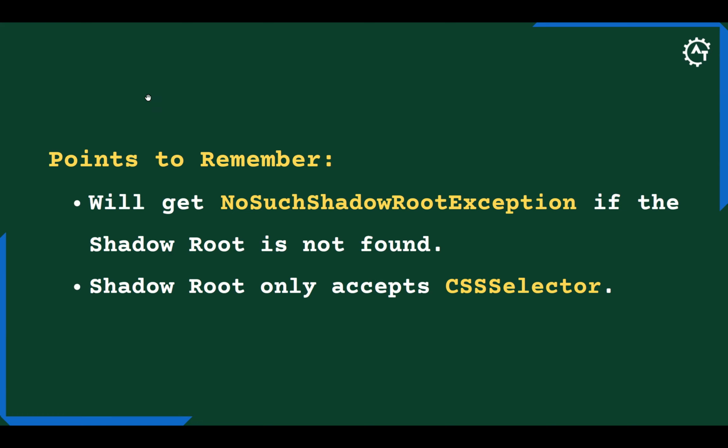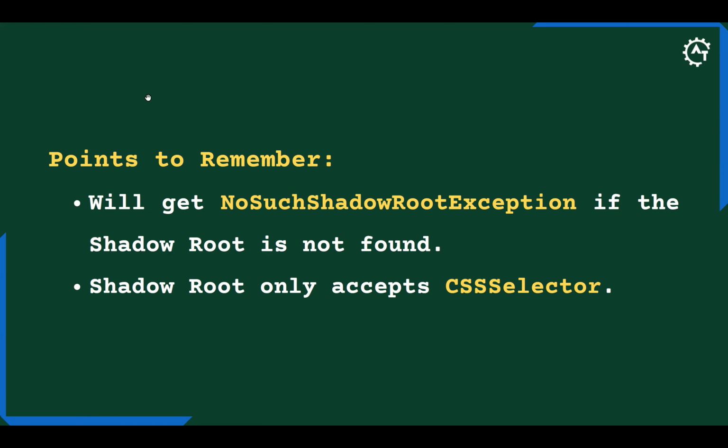We will get a no such ShadowRoot exception if the ShadowRoot is not found. Just as you get a no such element exception if you try to access elements inside the ShadowDOM directly, in the same way, if you do not have any ShadowDOM but you try to use ShadowDOM logic, then you will get a no such ShadowRoot exception.